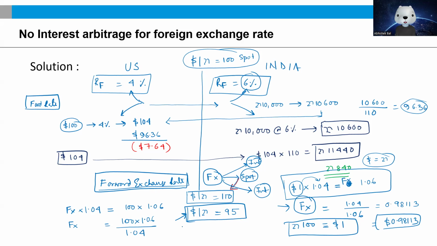So this becomes 101.92. Okay. So what does this mean? It means that for every $1, it will now become 101.92 Indian rupee 1 year down the line. And if you look at this, these two are exact reciprocals of each other.